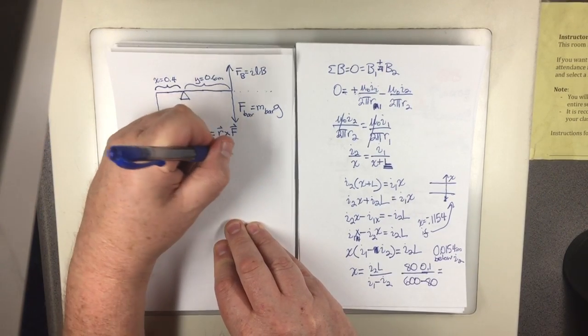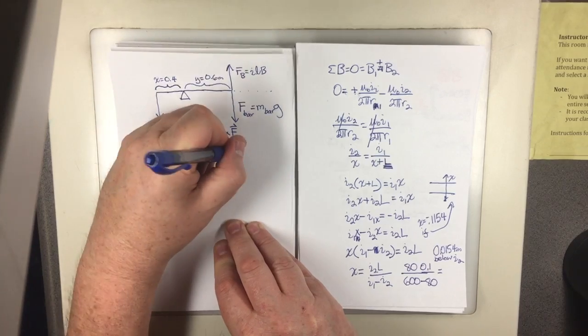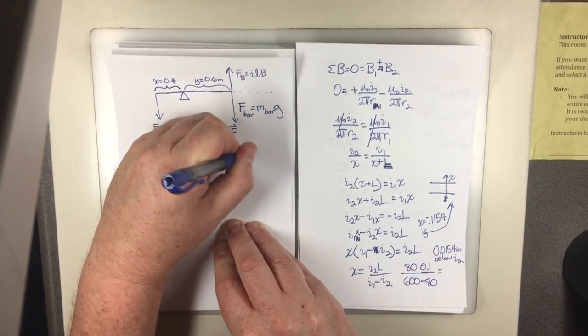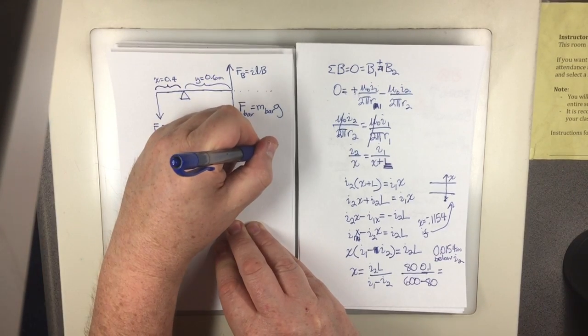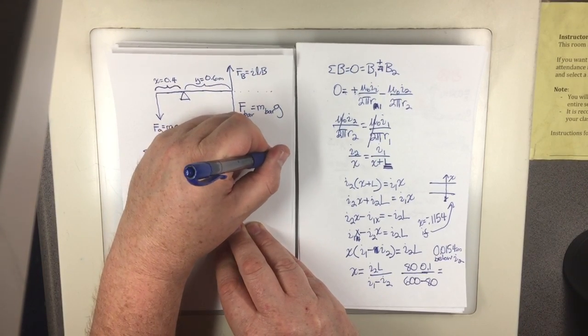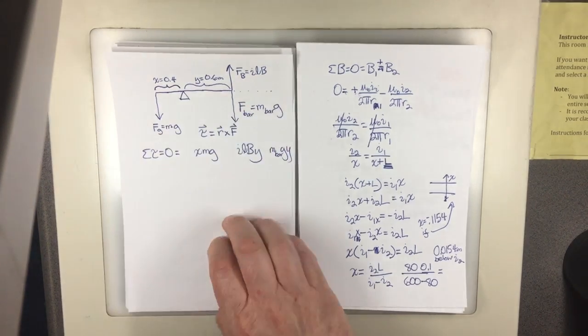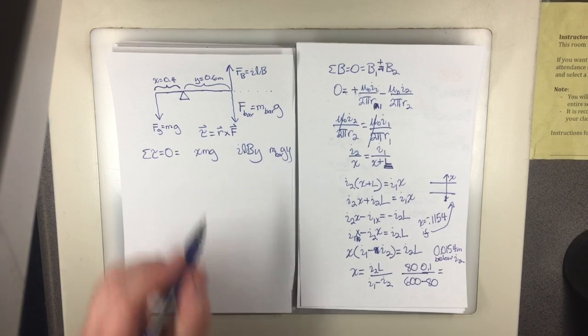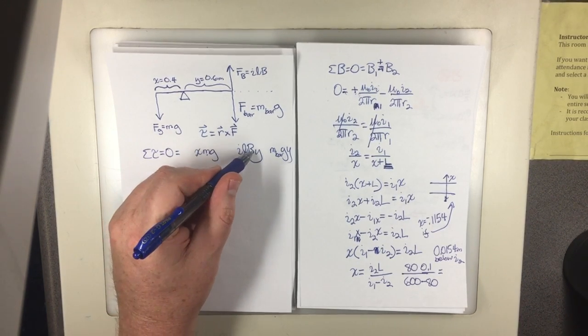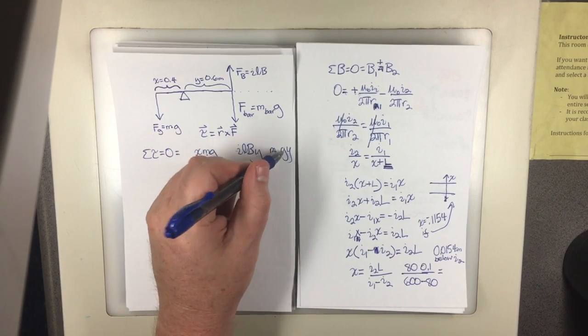We've got FB, which is ILB, times its distance y. And then we have M bar G times its distance y again. So torque is effectively, in magnitude, force times distance.